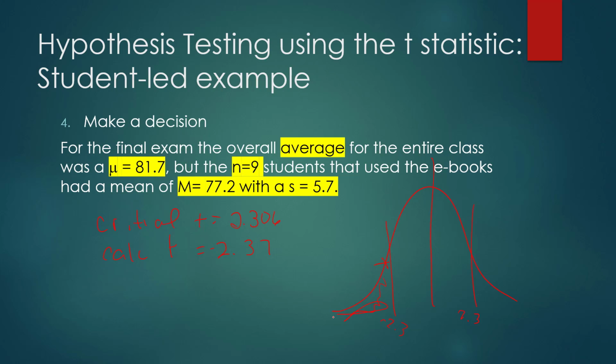It's still in that critical region, so we reject the null hypothesis. In other words, those students that use the ebooks had a significantly different test score than those in the overall class.